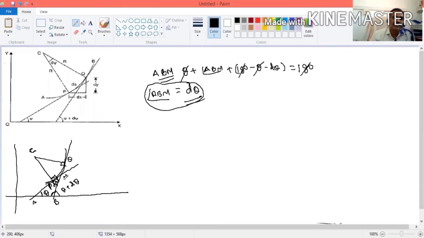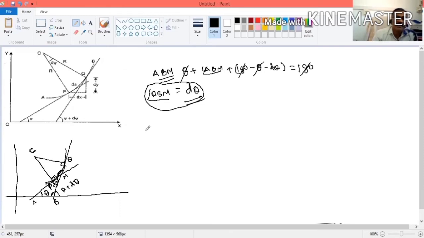This angle, right? So now we are calculating another one, that is this angle. If you take this shape, it is like this distance, this, and this.